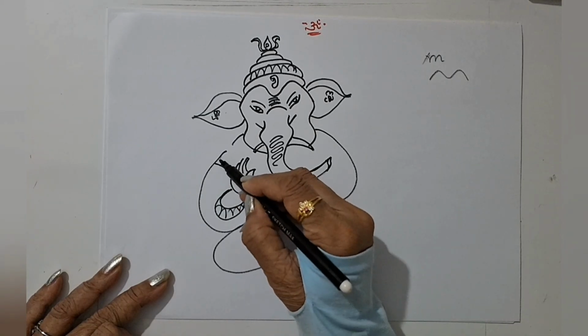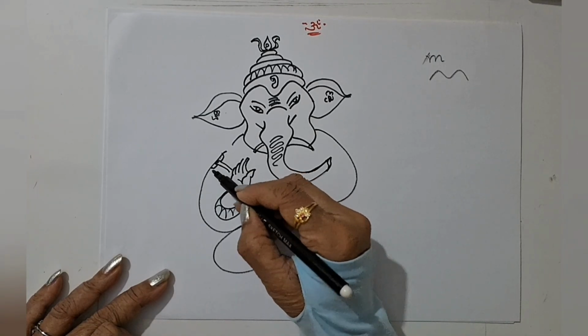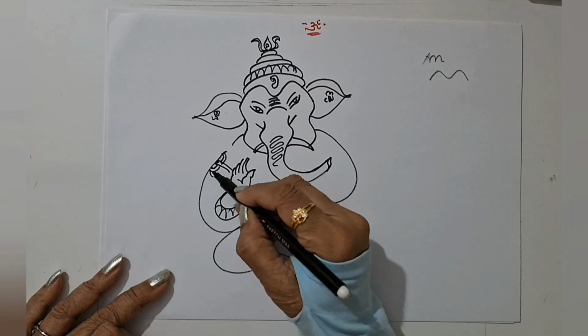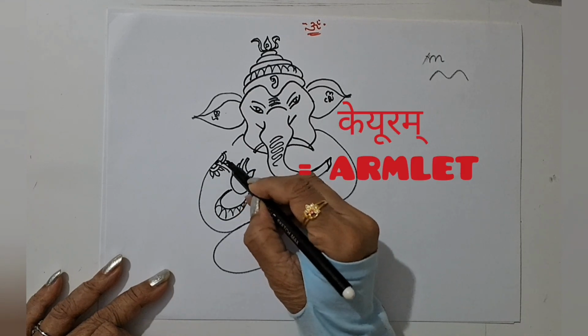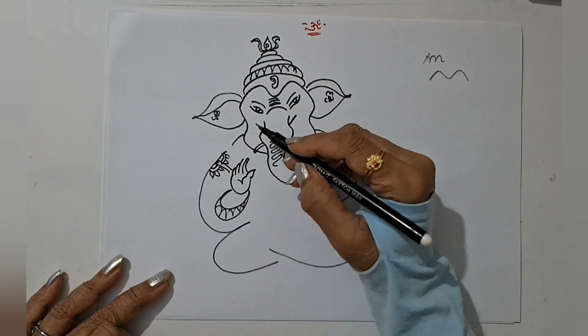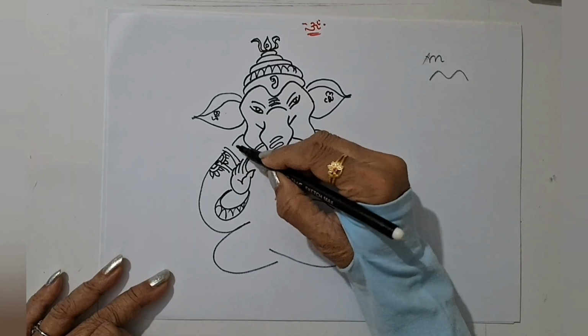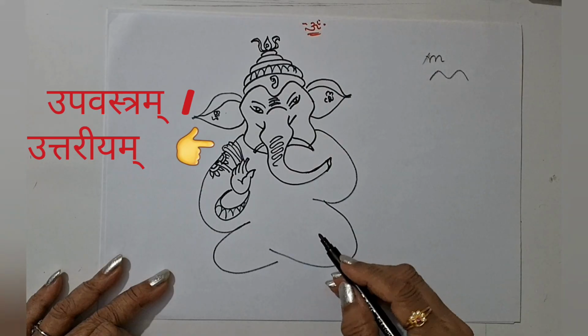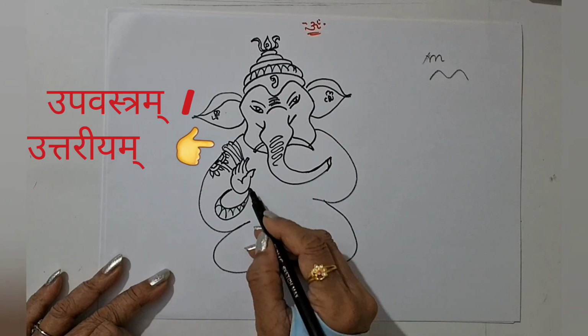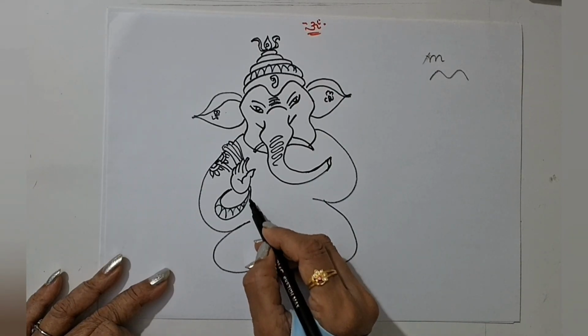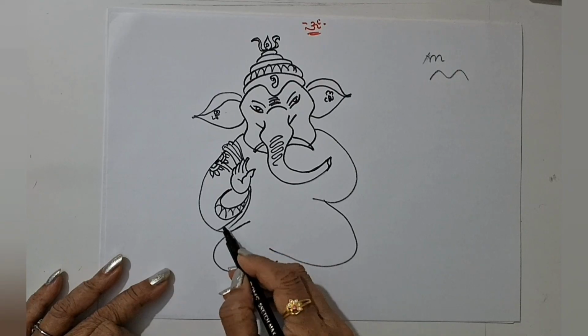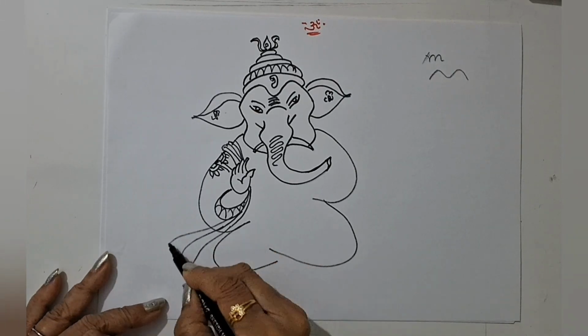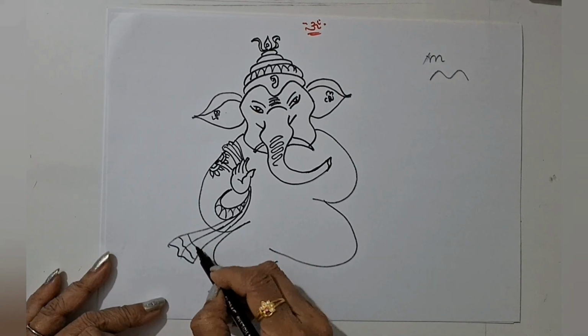You can wear a vangi, an armlet. This ornament can be given. And this Upavastram or Uttariyam, which goes inside his armpit and comes out like this. So that is left to you, how you draw.